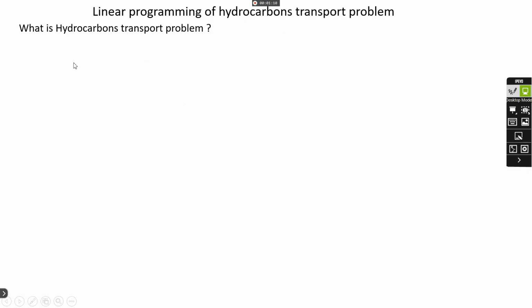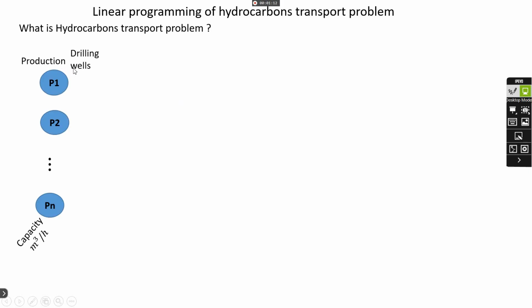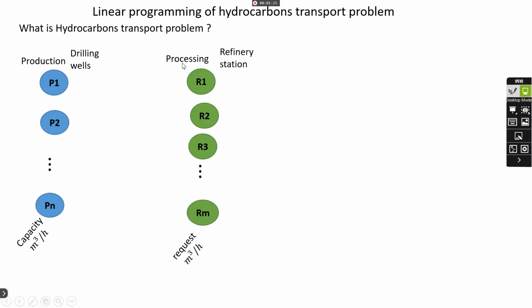This problem is defined by production points, for example, drilling wells, denoted by P1, P2, and so on until Pn with production capacities. On the other side, we have processing points, for example, refinery stations, denoted by R1, R2, and so on until Rm with processing requests.